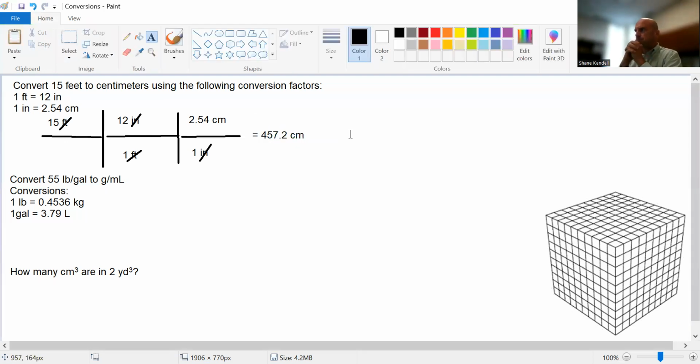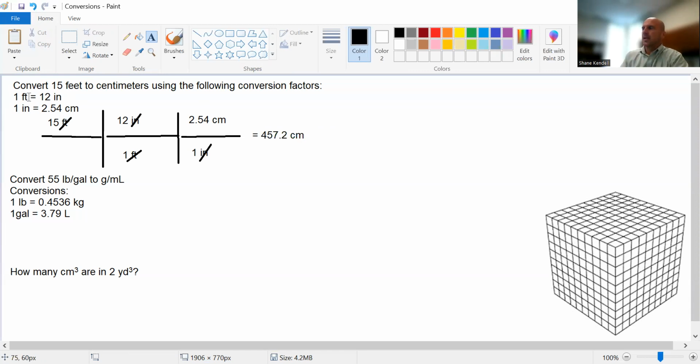One thing that students often get confused with is when they're looking at the conversion factors themselves, they may think that because it's saying 1 foot or 1 inch, this is just one significant figure. But when you're looking at conversion factors, the one is saying that one exact foot is related to some other conversion part.